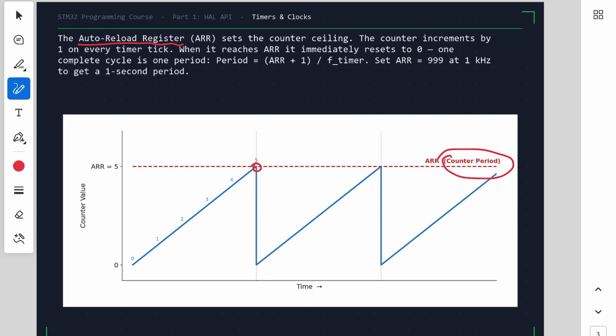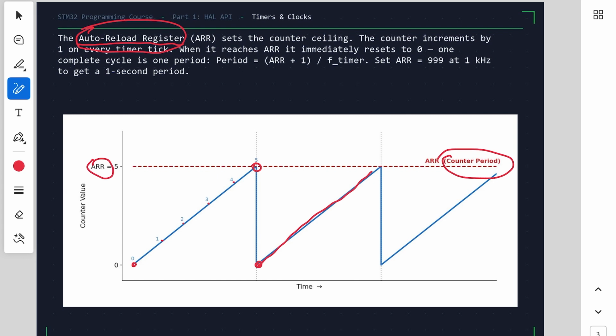It goes up and up, and when it reaches the auto reload value, it starts from 0. Here's an example. If we set auto reload to 5, it counts 0, 1, 2, 3, 4, 5, and starts from 0 again. This is how the auto reload value is used in the timers.